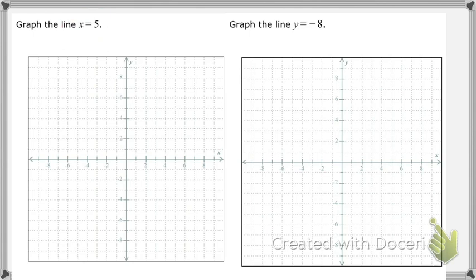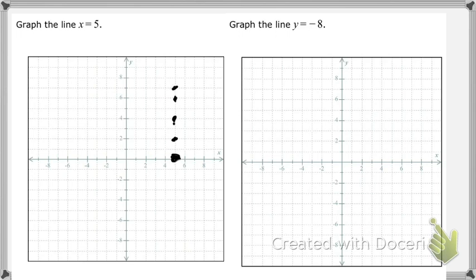Well, where does x equal 5? X equals 5 here, equals 5 there, and then it equals 5 on all of these points here.